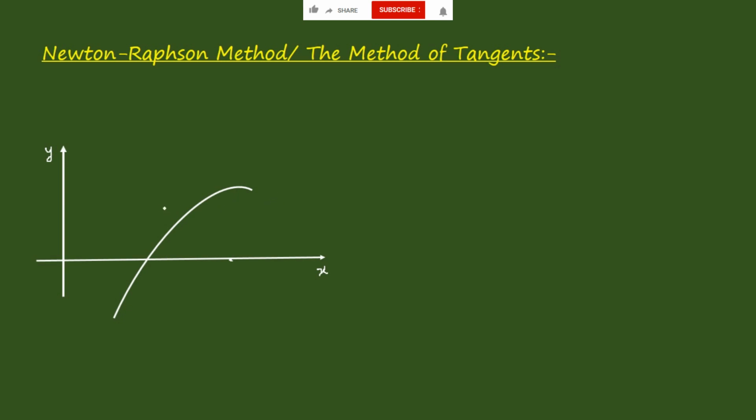It is a function, so it is f of x. It is meeting the axis at a point here. If you consider this as alpha, alpha is nothing but the root of f of x. If you substitute the value, f of alpha will be equal to 0. Now we have to find the value of alpha.